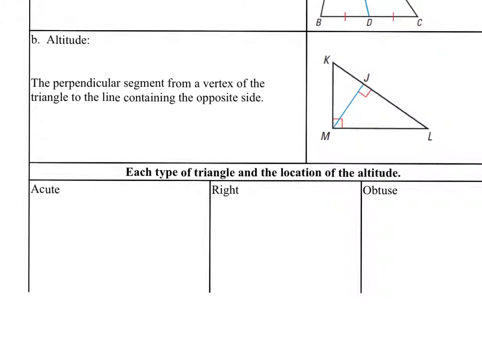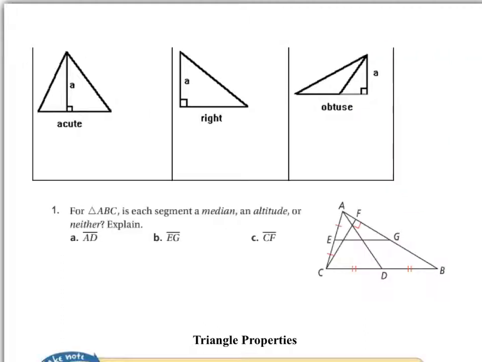An altitude of a triangle, you're going from the vertex across to the opposite side, but this angle has to be 90 degrees. So that's the altitude. Here are the pictures for the altitude.